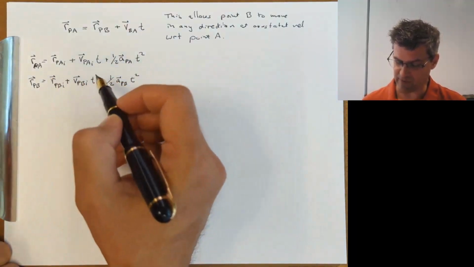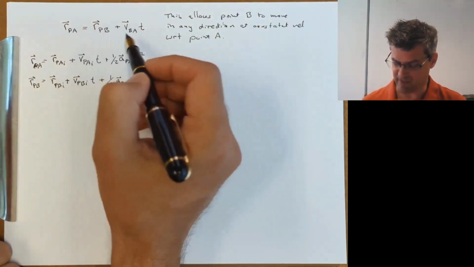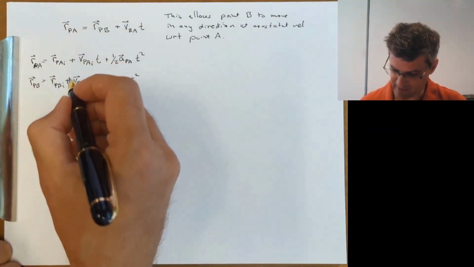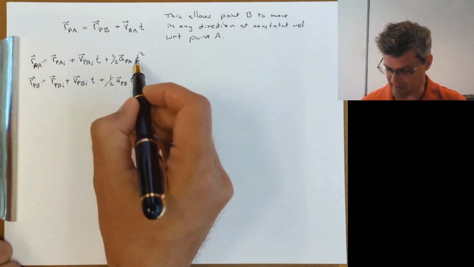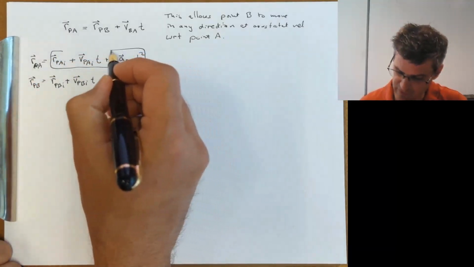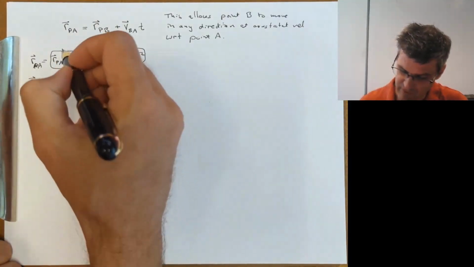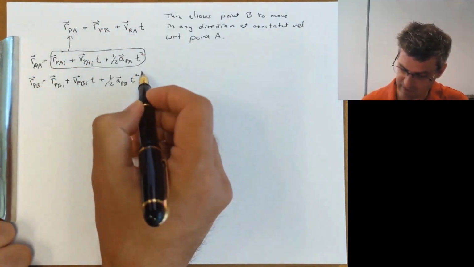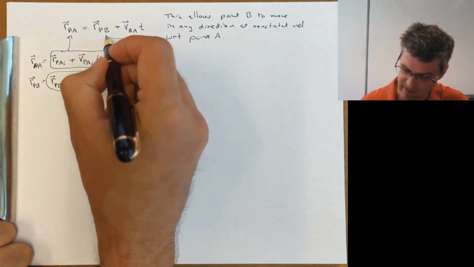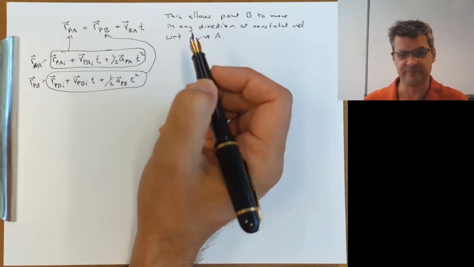And now if I was to put these expressions up here, I see that basically this thing can go in here, and this thing could go in here.